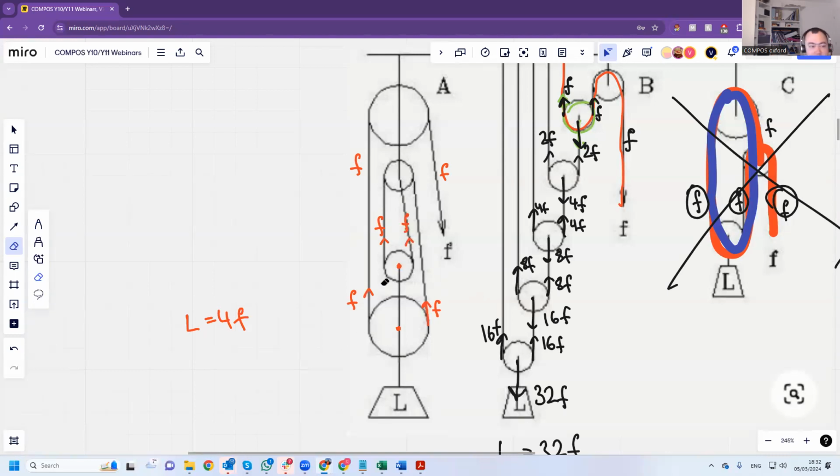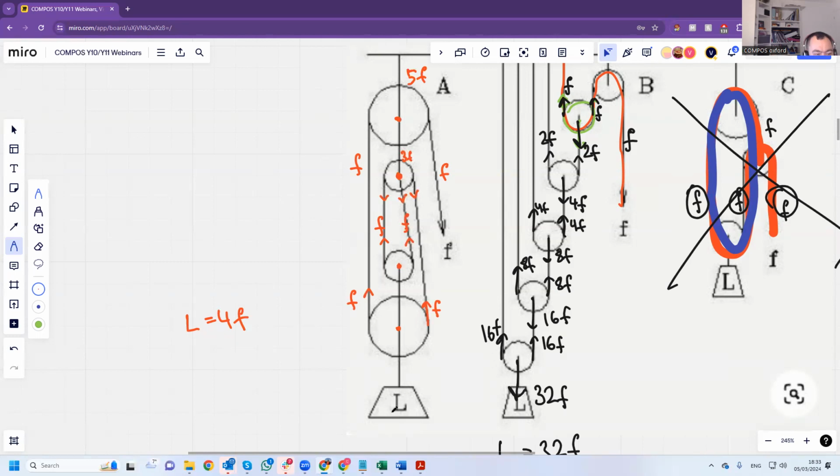Now, will the system work at all? Let's check if there are any inconsistencies. For example, this pulley has F, F, and F, so 3F. So the force in this part is 3F and 2F, so you have 5F here.